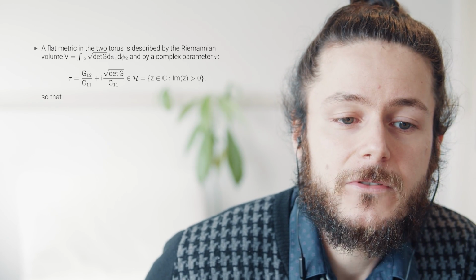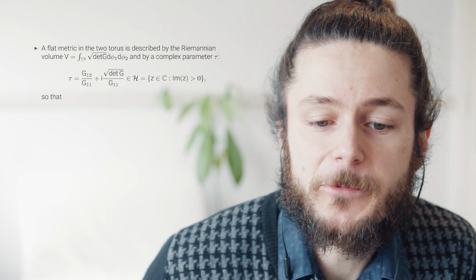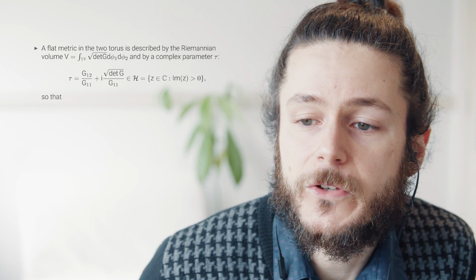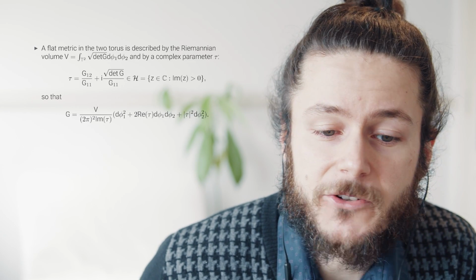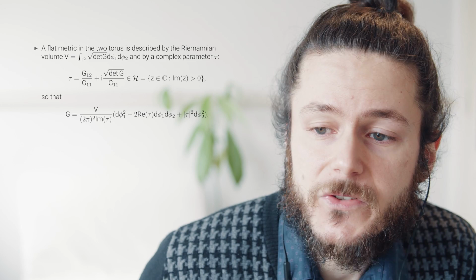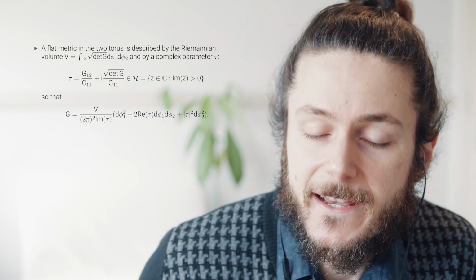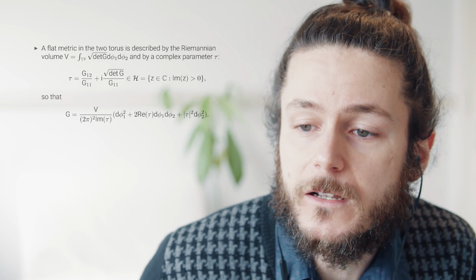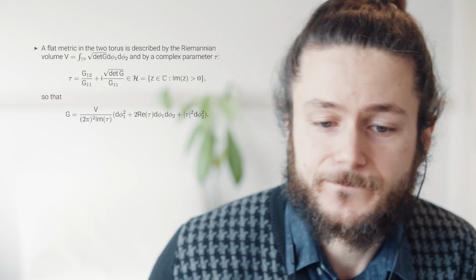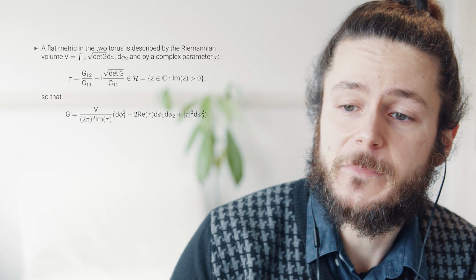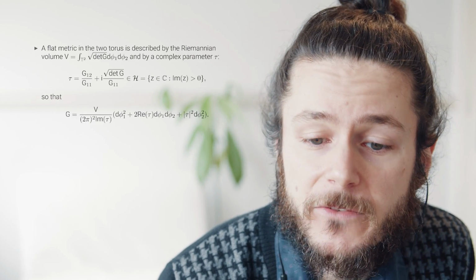If I take these two quantities, I can parametrize my metric as follows. And notice that the Riemannian volume appears as an overall factor, while the rest corresponds to the anisotropy of this metric. The complex parameter tau corresponds to the anisotropy of this metric.